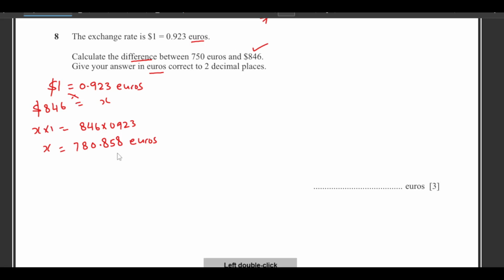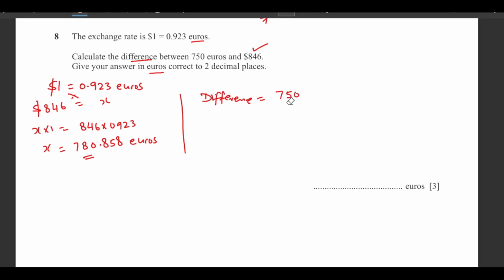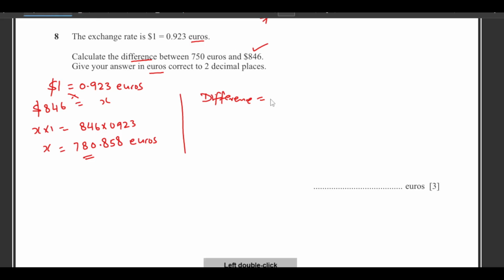So, we have this many euros here that is equivalent to $846, and we are looking for the difference. So, the difference, we are already given here this 750 euros. Sorry, we need to write the bigger one first. So, we can write down 780 point.